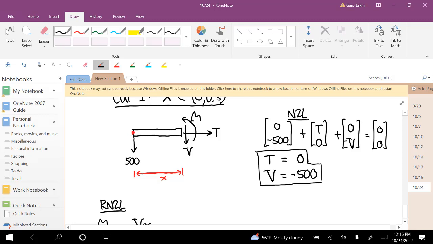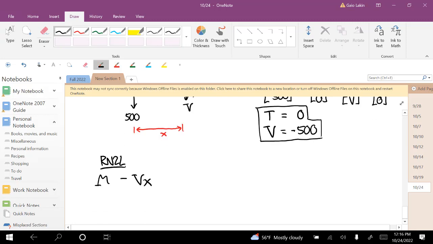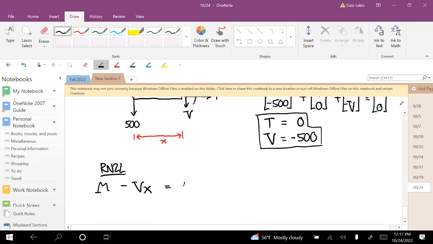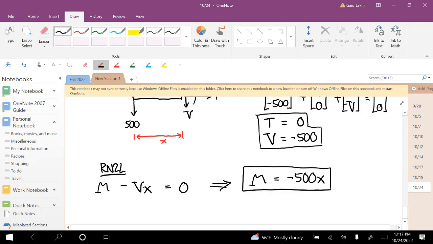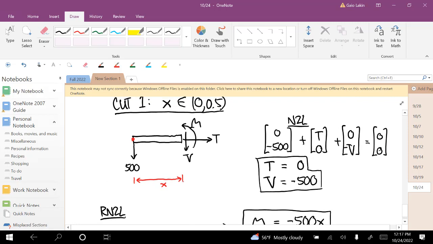That force V, the way I have it drawn, clockwise, so this is negative. And remember, you could always do this by writing out the table and just doing it as a rigid body. Okay, so this is equal to 0. Plug in negative 500 for V, and you get that M is equal to Vx, so negative 500x. Are you with me on that?